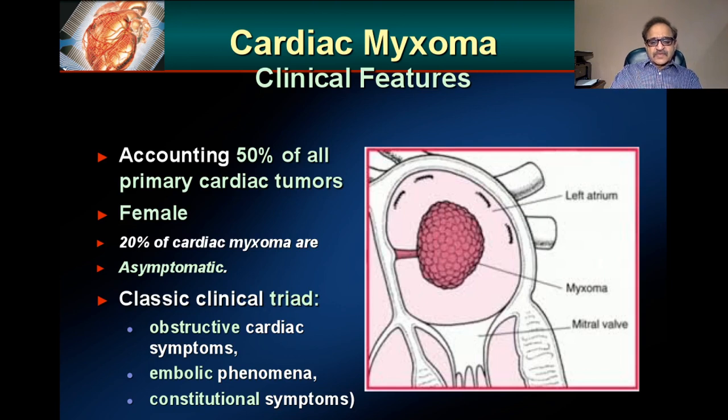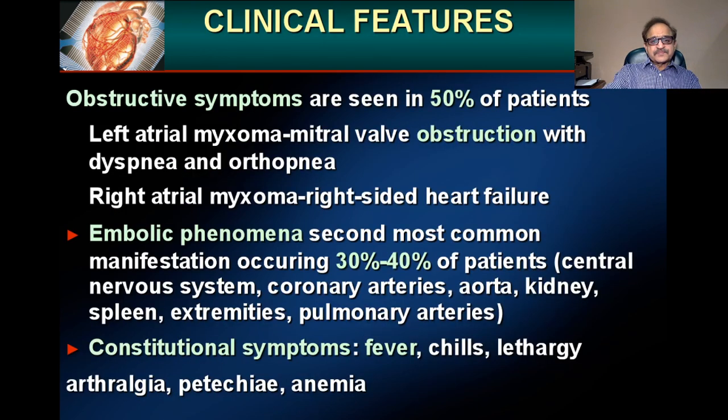So there are obstructive symptoms due to protrusion of the myxoma into the mitral orifice, or embolic phenomena, as well as constitutional symptoms. The disease is more common in females.